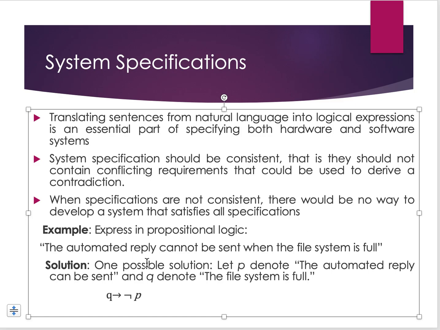The automated reply cannot be sent when the file system is full. This may be a requirement for the hardware or software. Automatically you can see you must assign two variables to this proposition.